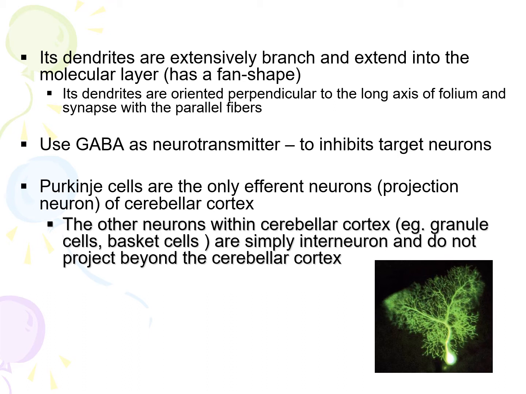It uses GABA as neurotransmitter, so therefore it is an inhibitory neuron. Purkinje cells are the only efferent or projection neurons of the cerebellar cortex, because the other neurons in the cerebellum do not go beyond the cerebellar cortex.